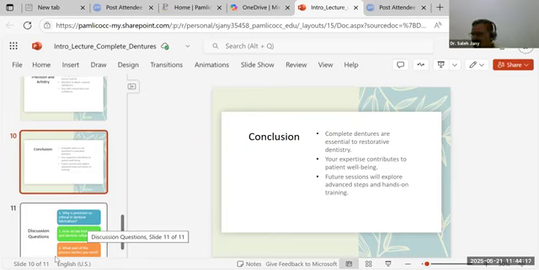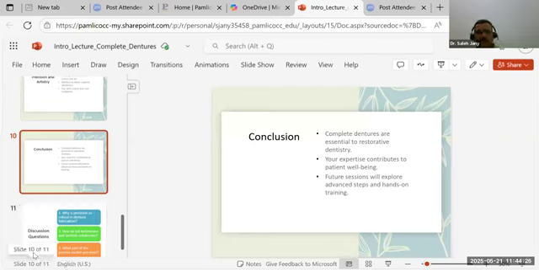One of these lectures I learned from some of the teachers of courses. When you make a complete denture, I use just one molar in the back, not two molars.